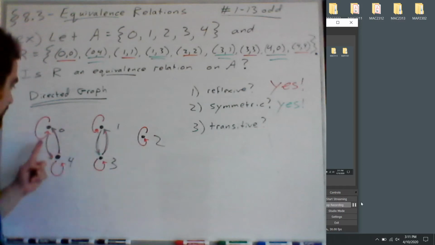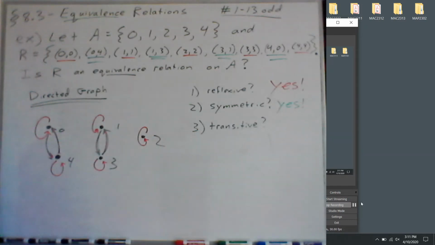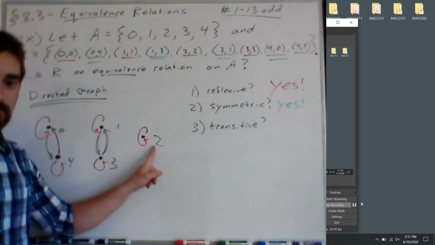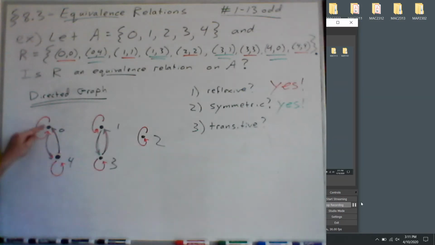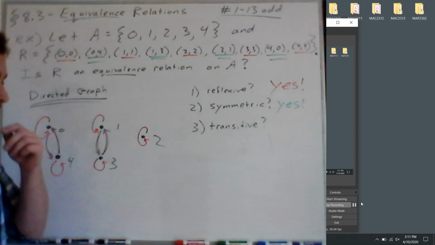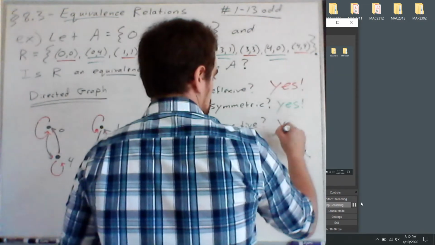Well, not a single element in here goes from x to y and then y to z. There is no z that the element jumps to, right? So I don't go from 0 to 4 and then from 4 to 2, which means I don't have to look for 0 to 2. There's no reason. 0 goes to 4 and then we're done, right? It doesn't have a third element that it jumps to. So is it transitive?